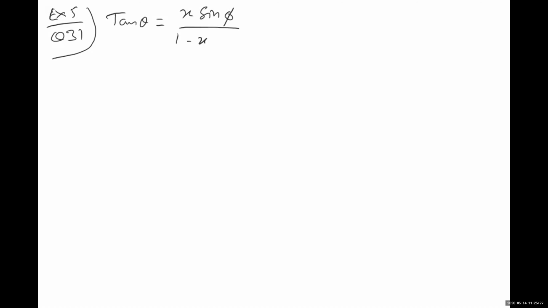So now come to this question. Exercise 5, question number 31. Question is, if tan theta is equal to, these are all tough problems, tan theta is equal to x sine phi upon 1 minus x cos phi, and tan phi is equal to y sine theta upon 1 minus y cos theta.